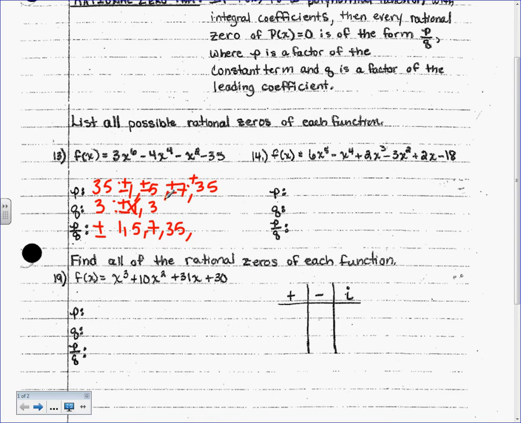Now I'm going to do all of these over a 3. So it's going to be 1/3, 5/3, 7/3, and 35/3. So even though those don't look fun, okay, these are the only possible answers to this question, all the positives and all the negatives.